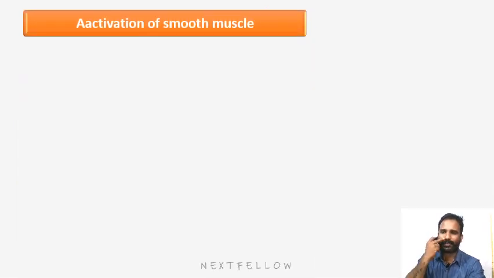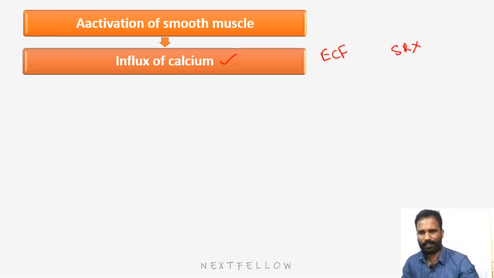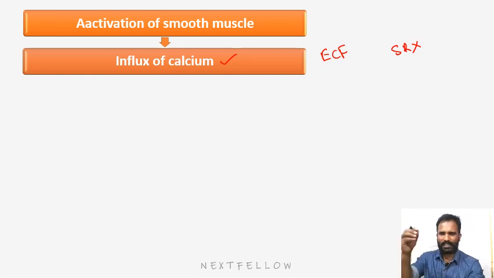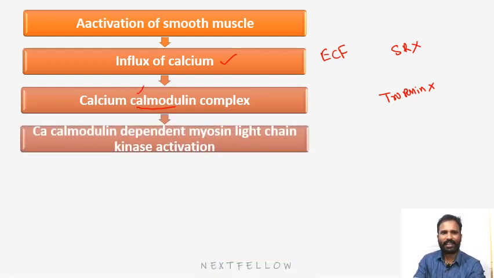Coming to the contraction of smooth muscle, first the smooth muscle is activated, then calcium influxes. The source of calcium here is the ECF because the sarcoplasmic reticulum is not well developed. Once the calcium influxes, it binds to calmodulin. So it is calcium-calmodulin instead of troponin. Troponin is absent. This will activate myosin light chain kinase.